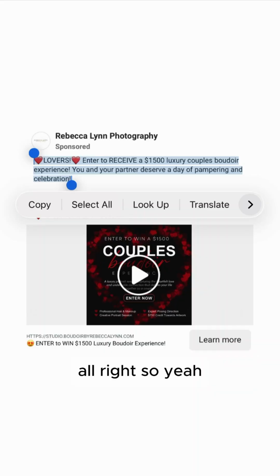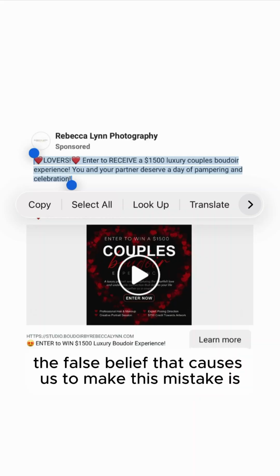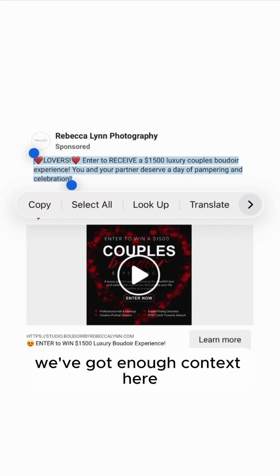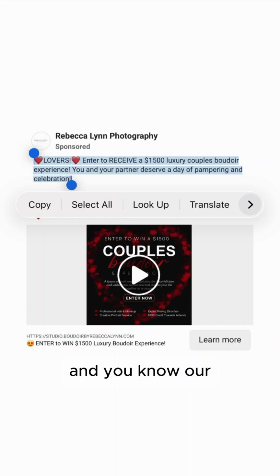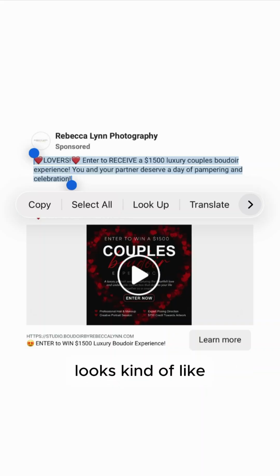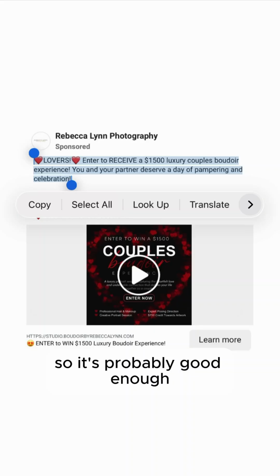All right, so we've got a little bit of context here, but this is the lack of context mistake. The false belief that causes us to make this mistake is we believe that we've got enough context here to actually bring in more buyers, bring in more of who we want to bring in, and our see more headline here looks kind of like what other boudoir photographers are doing, so it's probably good enough.